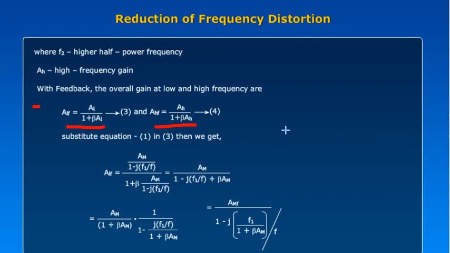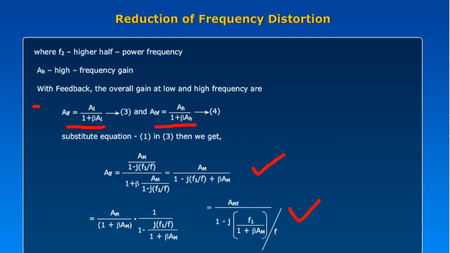Now substitute equation 1 in equation 3, where equation 1 is AL = AM / (1 - j F1/F). After solving, we get these values.